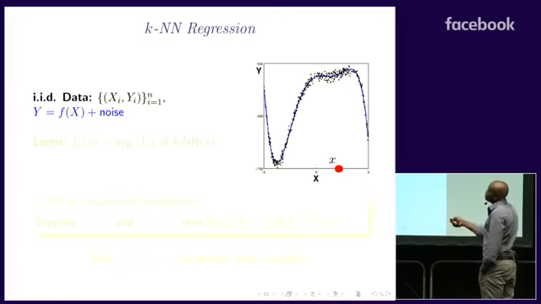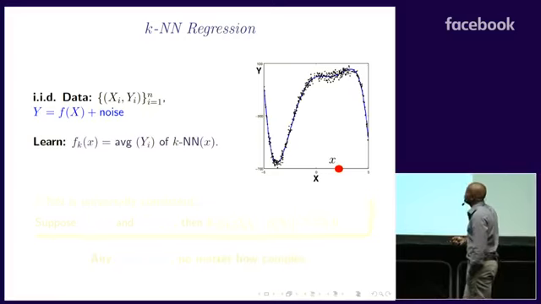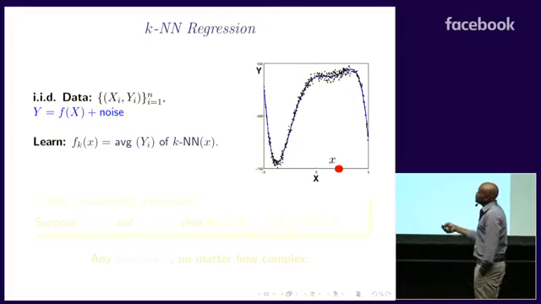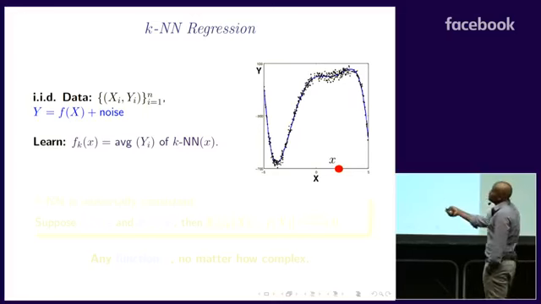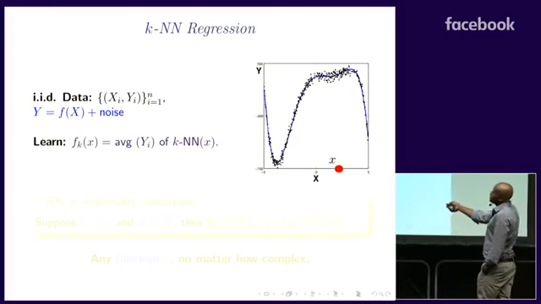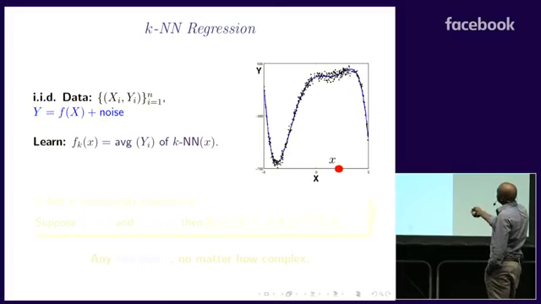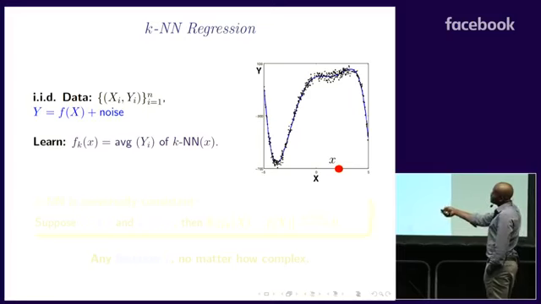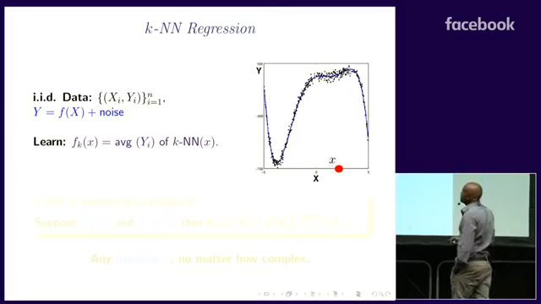F is unknown, we have iid data, so it's a simple classical regression setting. How do you do nearest neighbor regression? I'll define the nearest neighbor regression estimate at a point x as fk, and fk is nothing more than the average of the y values of the nearest neighbors of x. So if x is here, I look at the nearest neighbors, average the y values, and return that as an estimate of f. That's simple nearest neighbor regression.